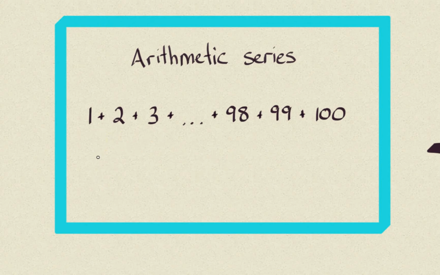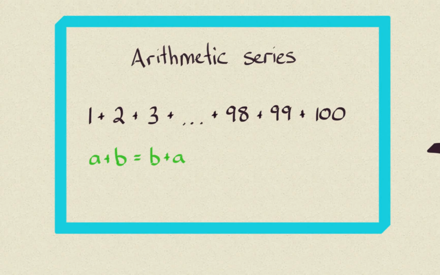First, when we add two numbers together, the order doesn't matter. And this is called the commutative property of addition.